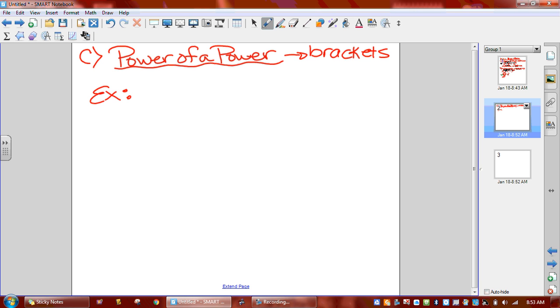If I've got x exponent 3, and on the outside I've got a 4. What do you think the brackets there and the exponent inside and outside, what do you think's going on there? The 4 and the 3 are going to combine together. You're exactly right. The 4 and the 3 are going to multiply. So because we've got brackets, we're going to multiply those. So we're going to get x exponent 12.